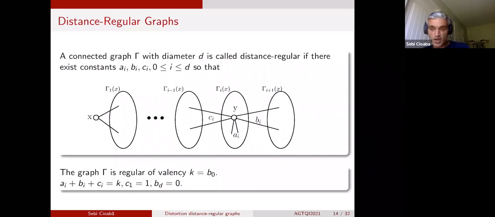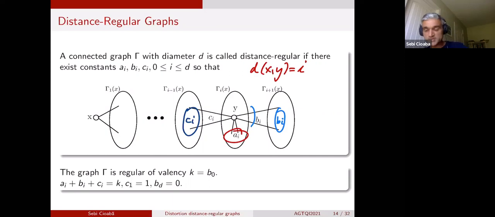It's called distance regular if you have these constants a_i, b_i, c_i, such that if you take any two vertices x and y, where the distance between x and y is i, then y has b_i neighbors that are further away from x, c_i neighbors that are closer to x, and the other neighbors, a_i, are at the same distance i from x.